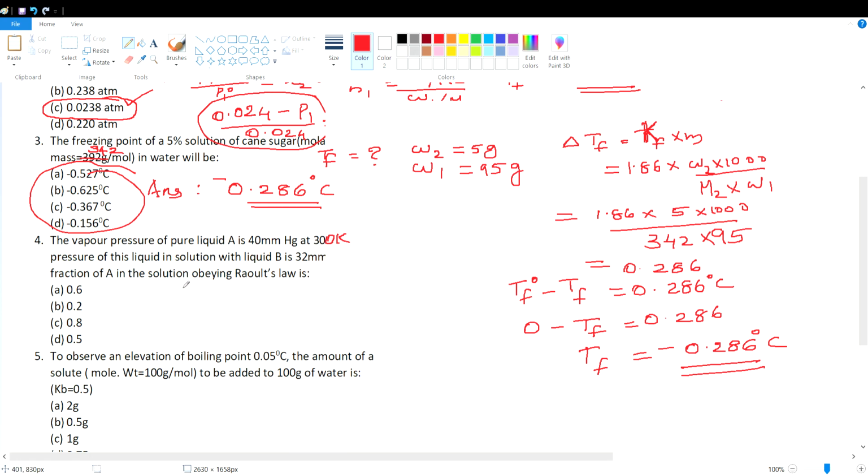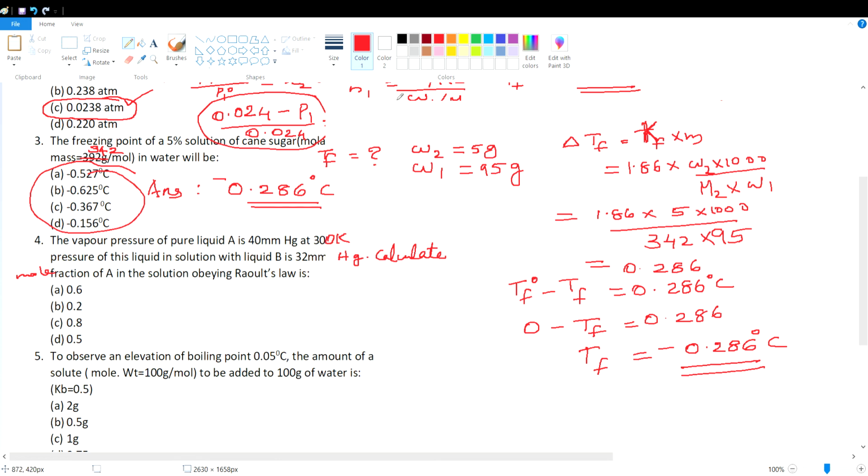And the vapor pressure of the liquid in solution with liquid B is 32 millimeter mercury. You need to calculate, that part is cleared off, the mole fraction of A in the solution obeying Raoult's law.